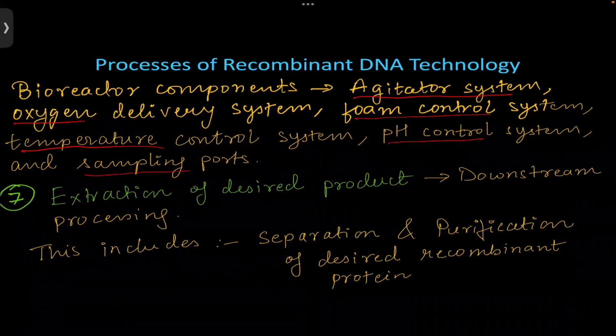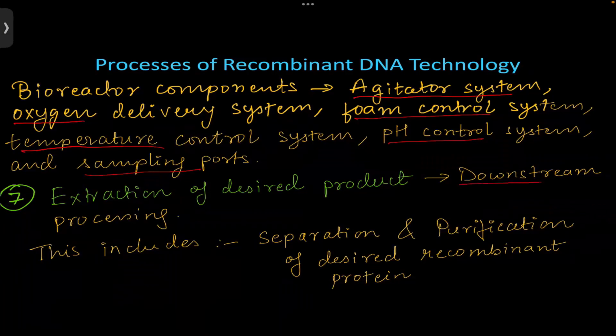There are also small ports called sampling ports from which any technical person can take out a few volumes of the culture broth at regular intervals and check how far the reaction is along.